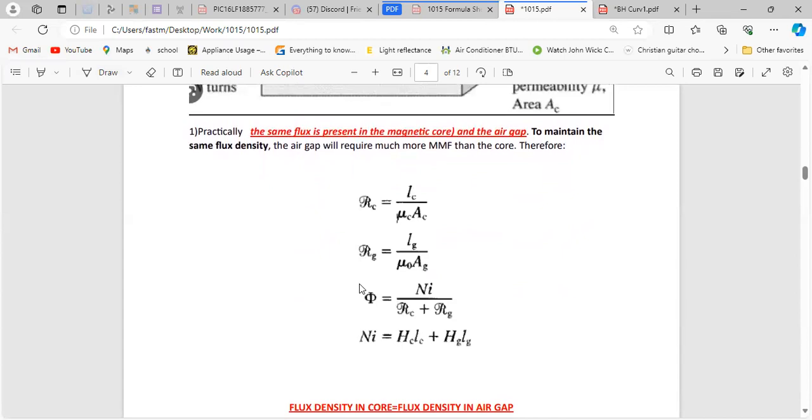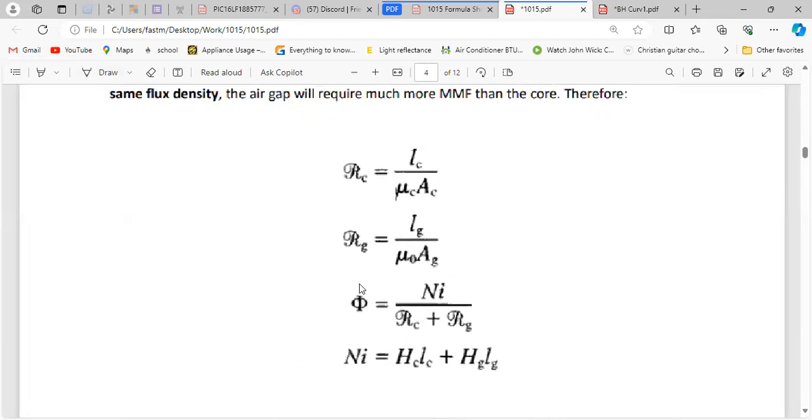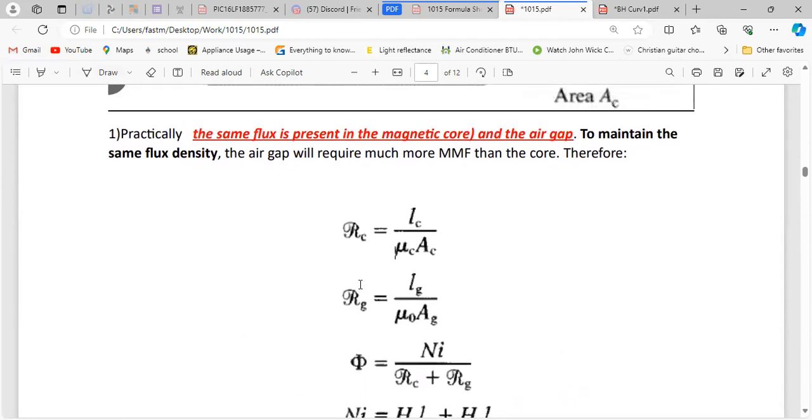All right. As we said before, the flux is the same in the air gap and in the core. So to maintain the same flux density, the air gap will require a much higher MMF. Two things from this: the same flux density, remember this.